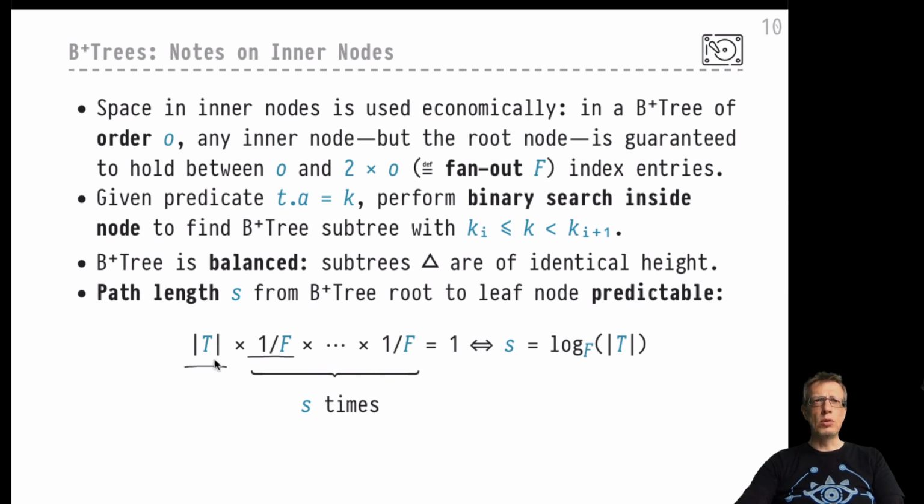Okay, so stepping down in the path in the B+ tree from the root to the first child node of the root would reduce the search space to this size. Stepping down another step from that first child to the next grandchild would reduce the search space by another factor of 1 over F. We would continue with each step downwards the tree.